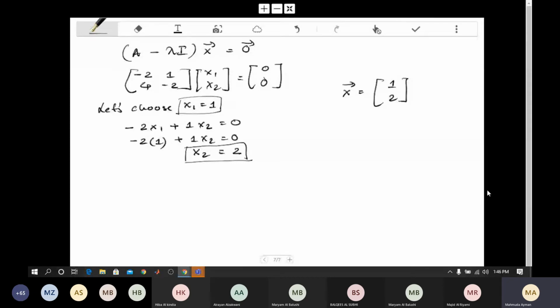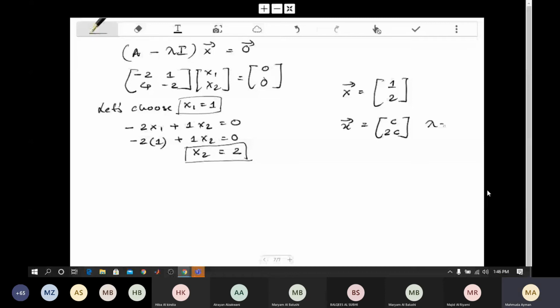Now, as I told you before, this is just a form of eigenvectors, the form that eigenvectors take for this eigenvalue. So to put it simply, any vector where the second element is twice the first element is an eigenvector for lambda is equal to 3.